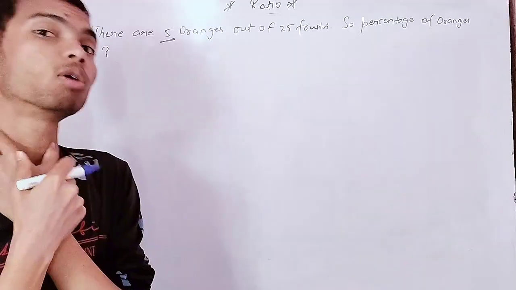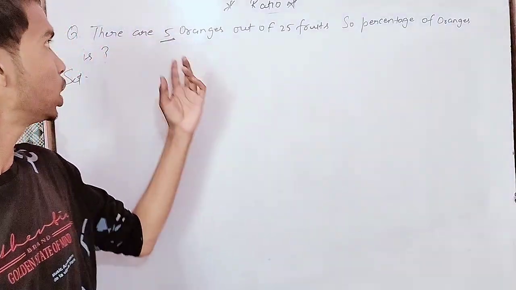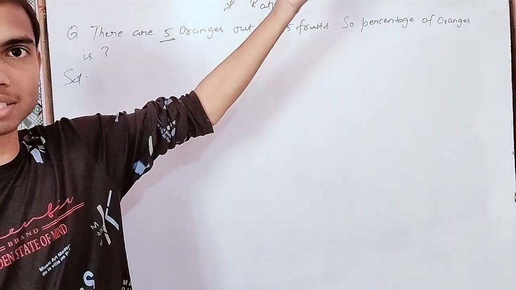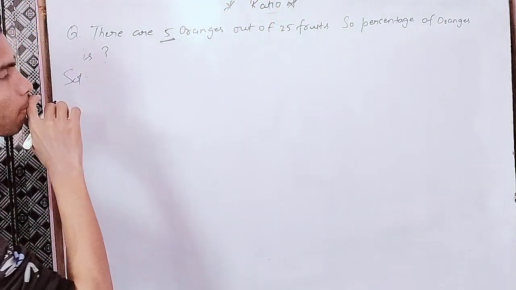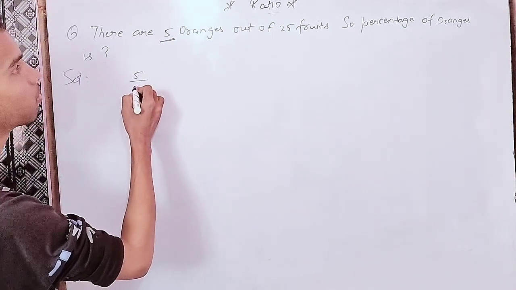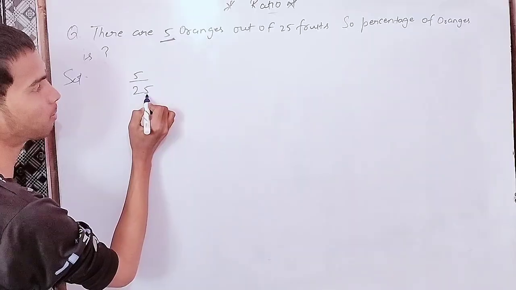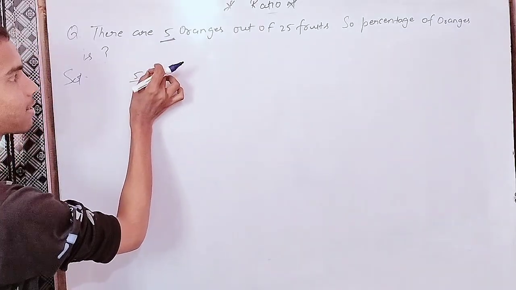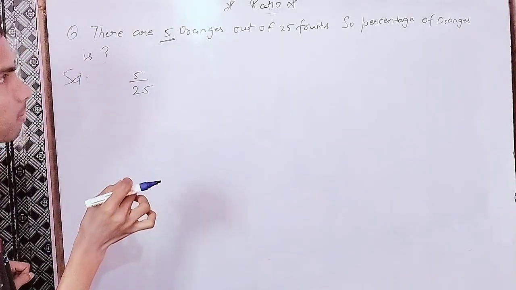The numbers are exact, but we need to convert them into percentage. First of all, this is 5 out of 25. We can say this is the total amount and this is a part of the total amount.